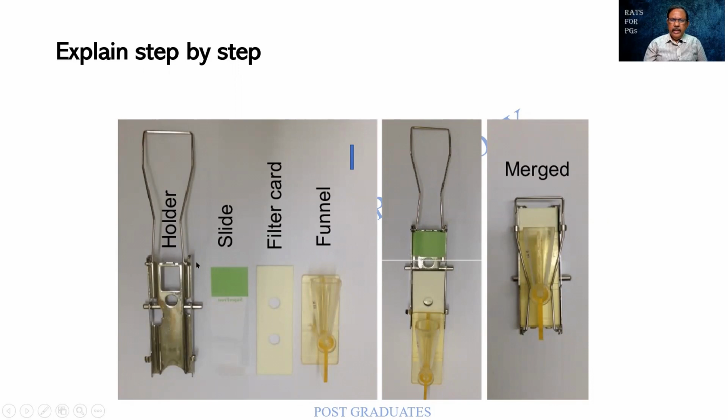So this is a slide holder. There is a hole over here through which the material will come onto the slide. This is a filter, and if you look carefully, there is a hole in this also. Through this only the material will be coming onto the slide. Now what happens is, this is being fitted in, and after that there is something called the funnel.